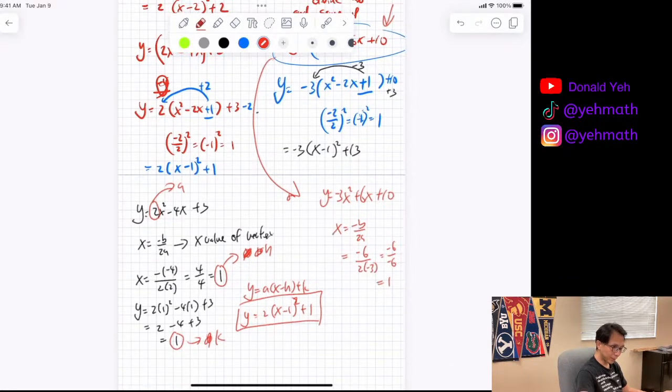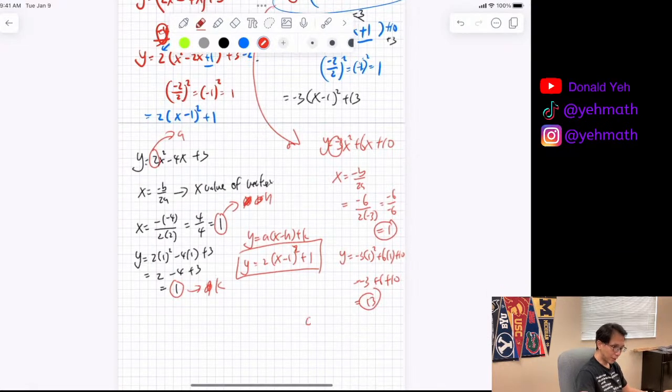Plugging in 1 here, that's equal to negative 3 plus 6 plus 10. I think that's going to give me 13. So this information, this information, this information, I'll just take that. a(x minus h) squared plus k. a is going to be negative 3, x minus 1 squared plus 13. And there we go, done.